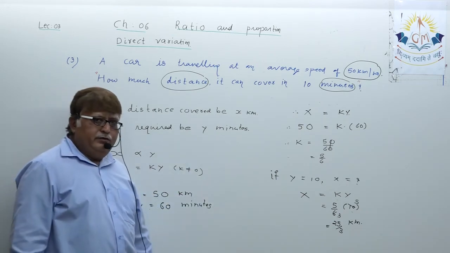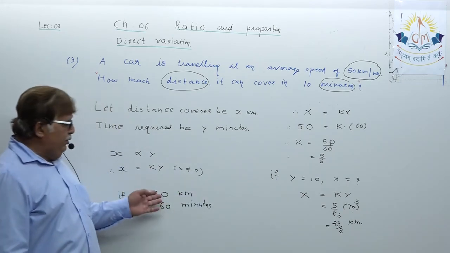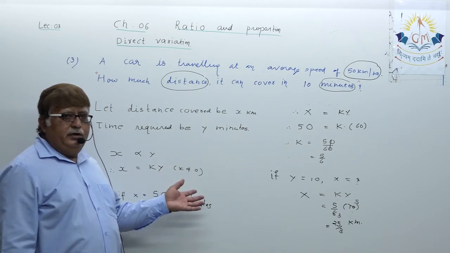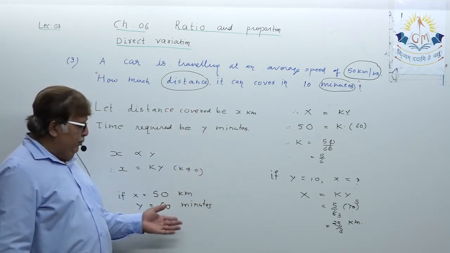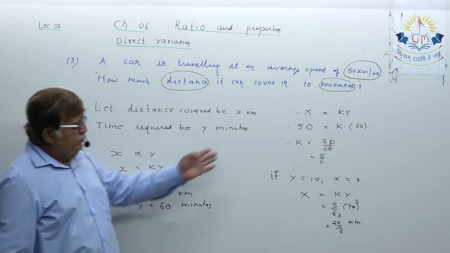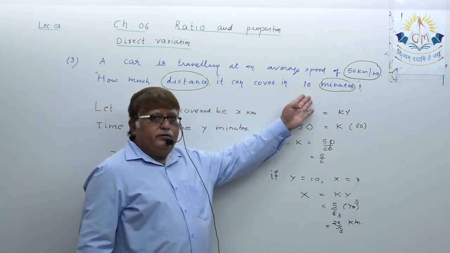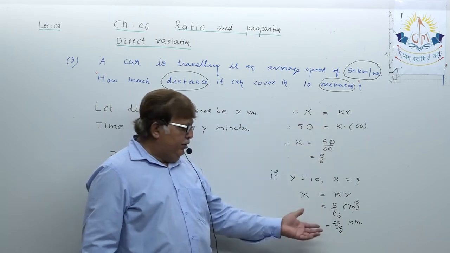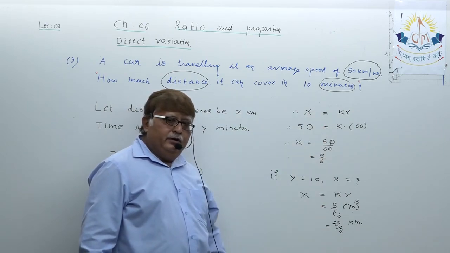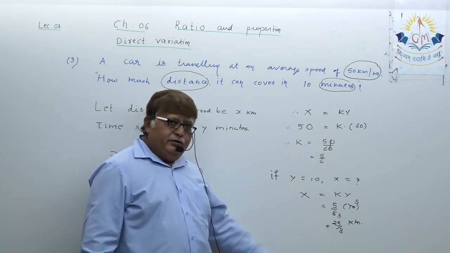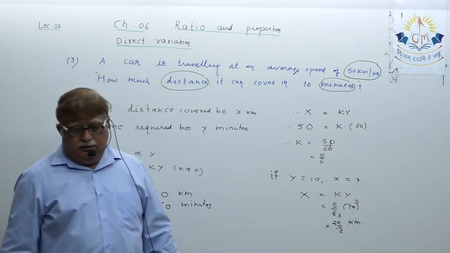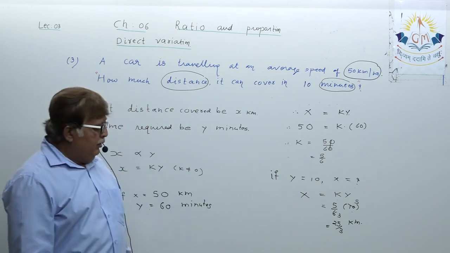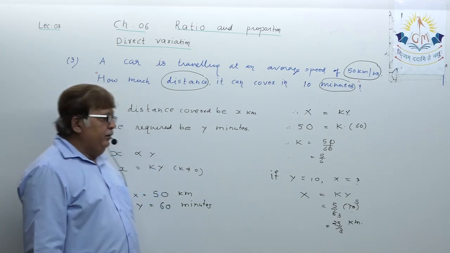Obviously the distance is going to be less than 50 because it is an example of direct variation where time reduces. First it was 60 minutes, now it is 10 minutes. So obviously it is going to be a lesser distance, 25 by 3. Either you convert it into decimal or not, it doesn't matter at all.